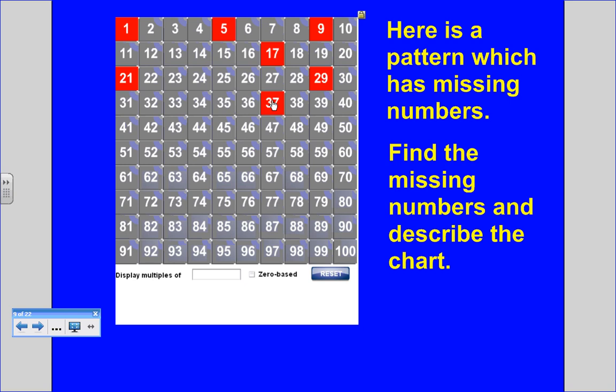All right, so if everybody gets a chance to look, what numbers do you think I missed? Okay, which one do you think I missed? 14. 14, okay, so I'll make these ones black. So 14, what other one do you think I missed?